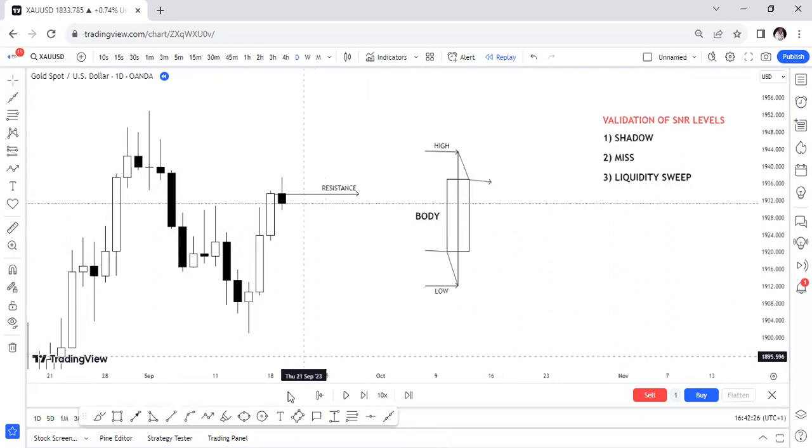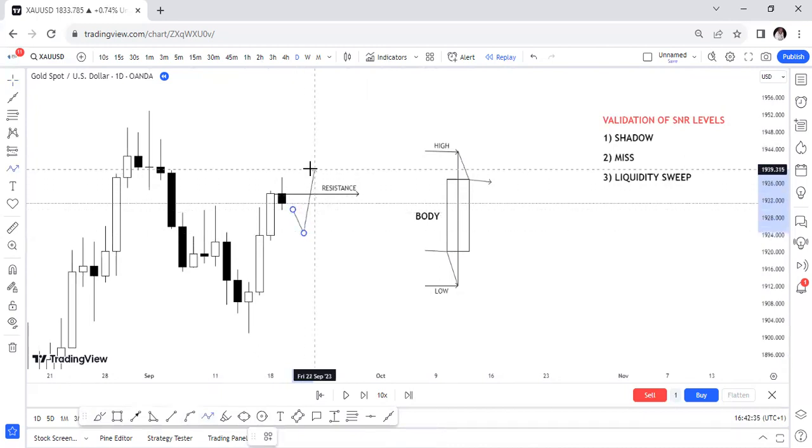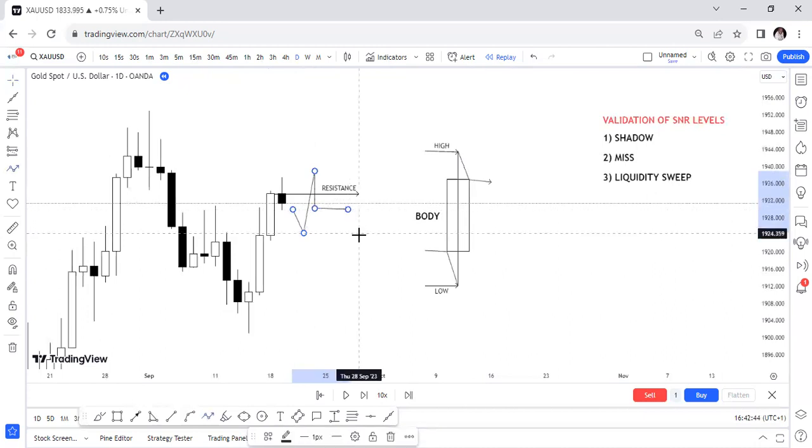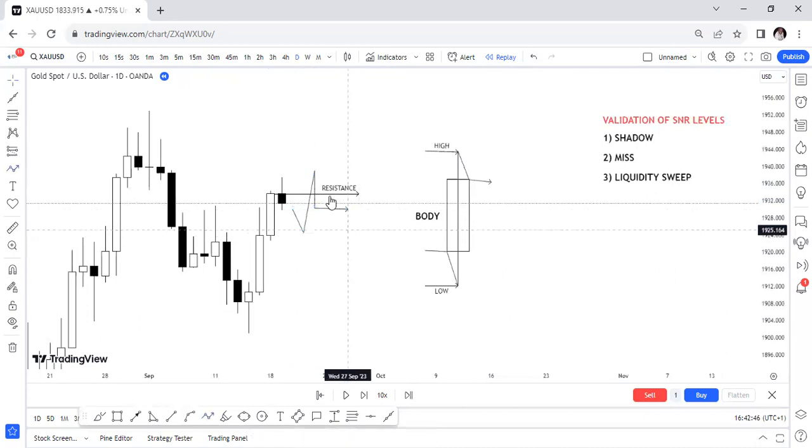So when you see price come into this place, if it comes down, they broke through it, and you see it does not close above it. You see a rejection, and finally a close like this. So this place to this place represents what? It represents a wick.